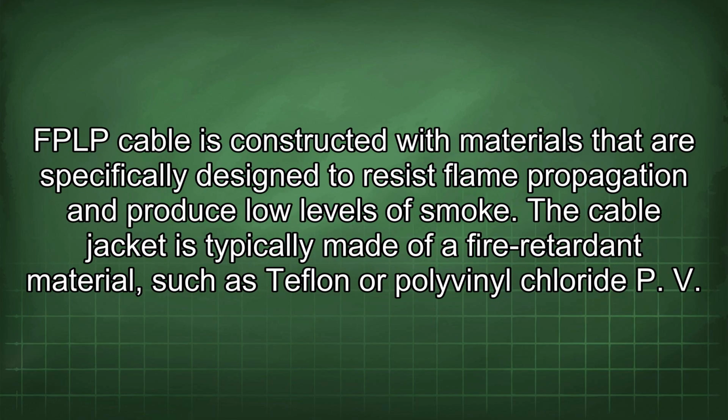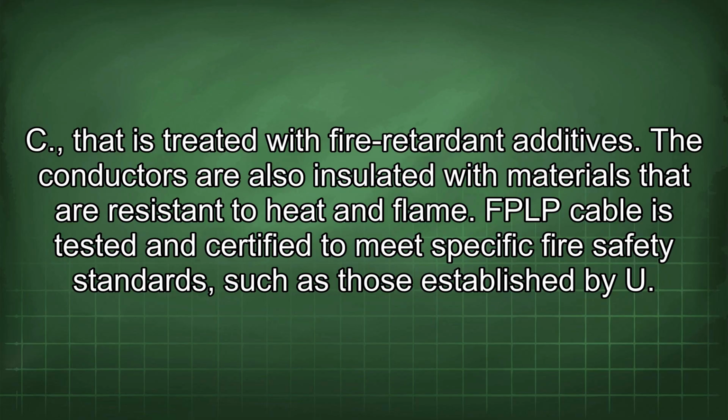FPLP cable is constructed with materials that are specifically designed to resist flame propagation and produce low levels of smoke. The cable jacket is typically made of a fire-retardant material, such as Teflon or polyvinyl chloride (PVC), that is treated with fire-retardant additives. The conductors are also insulated with materials that are resistant to heat and flame.